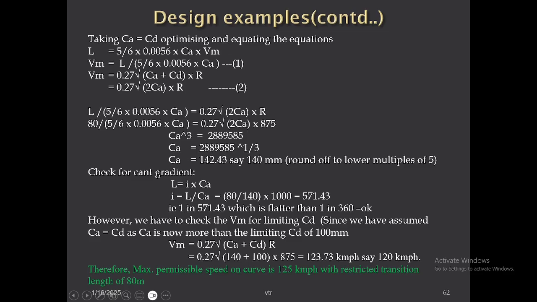Since we have already considered CA equal to CD, CA we got 140 mm. In the optimization we considered CA equal to CD, so CD would also become 140, but we can't permit 140 mm for CD, as it is restricted to 100 mm.